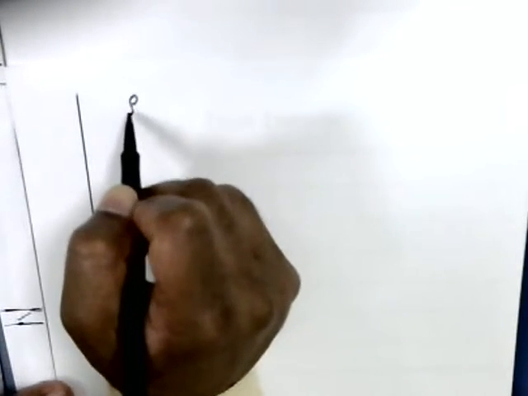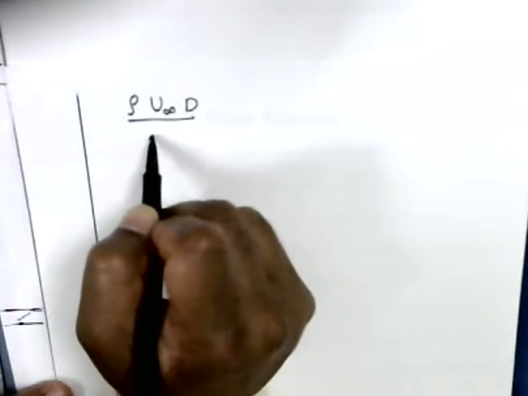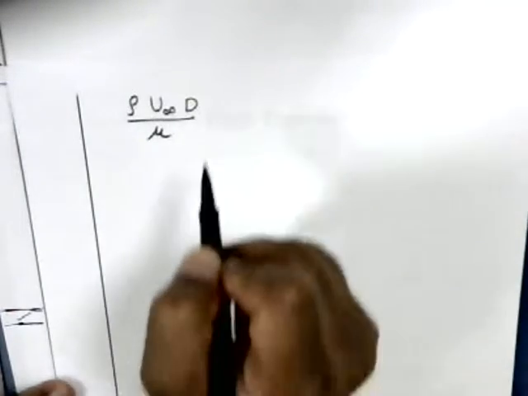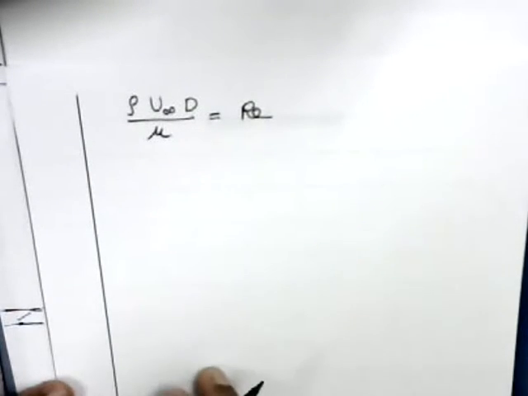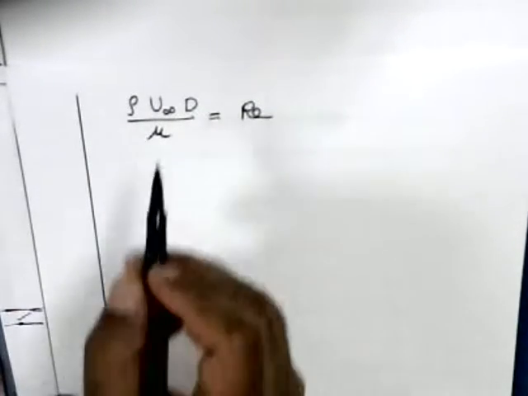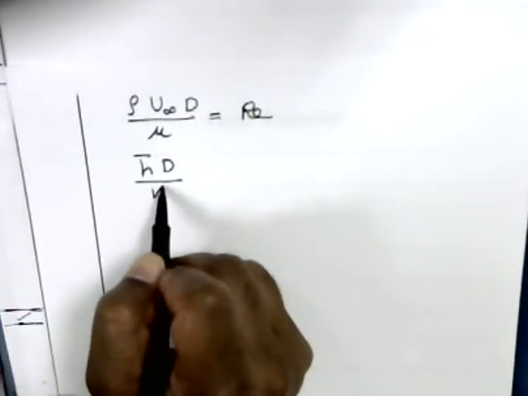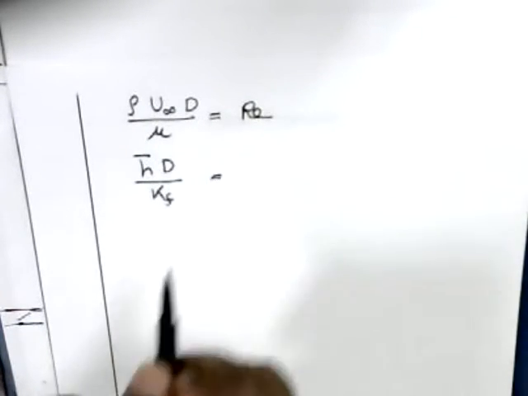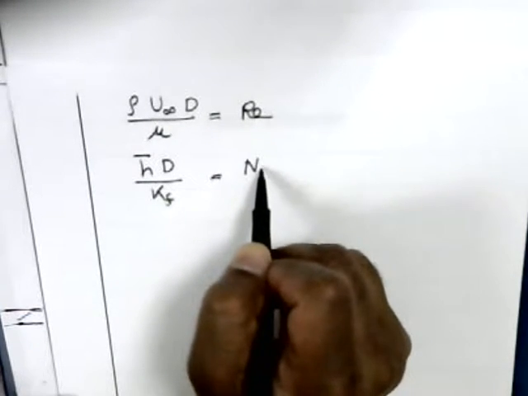You get rho u infinity D over mu. This is one parameter, and this we call Reynolds number. Another non-dimensional number you get is h bar D over k_f, and this we call Nusselt number.